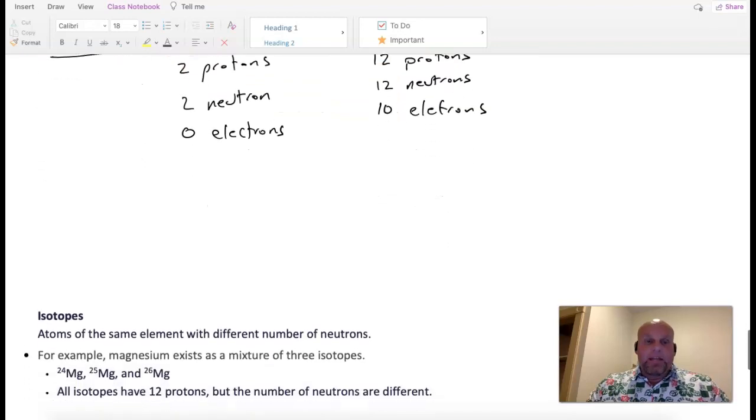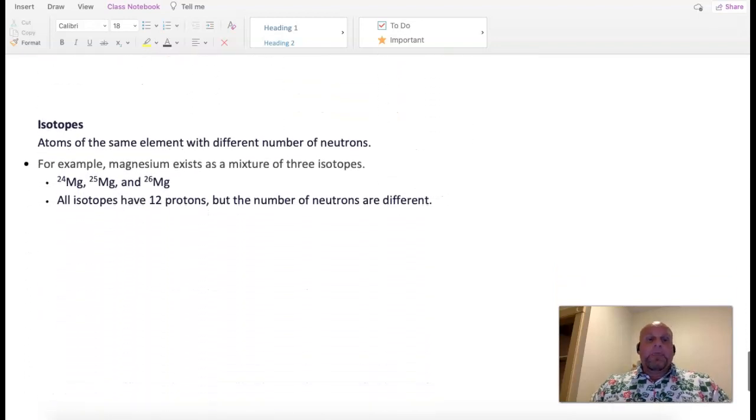Finally, I want to take a minute and talk about isotopes. These are atoms of the same element with a different number of neutrons. For example, here I've given you 3 isotopes of magnesium: magnesium 24, magnesium 25, and magnesium 26. So we just did an example with magnesium, so you can see here that we know magnesium has an atomic number of 12. Again, we could look that up on the periodic table had we not just used it.